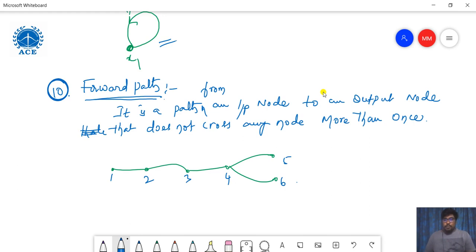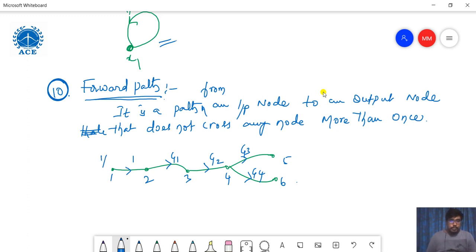Okay, so how many forward paths here we have? See here, this is G1, G2, G3, G4, right? So forward path means it is a path from input node to output node, simply. See, this is the input node.